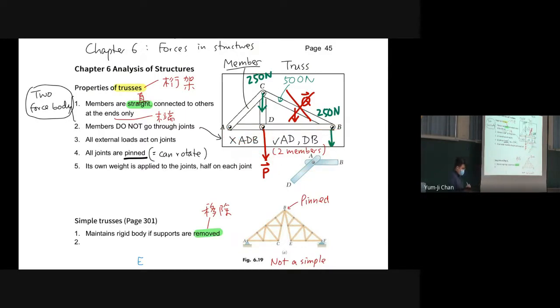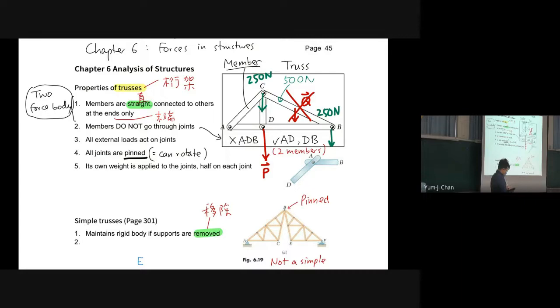All external loads act on joints, for example, P, and we do not have forces like Q. And all joints are pinned, and it means DA and AB can rotate relative to each other.